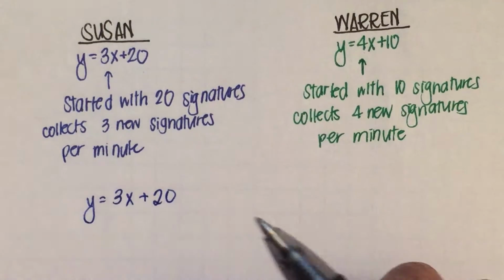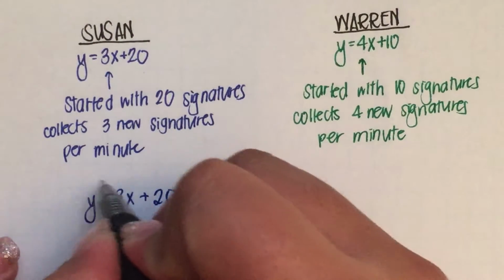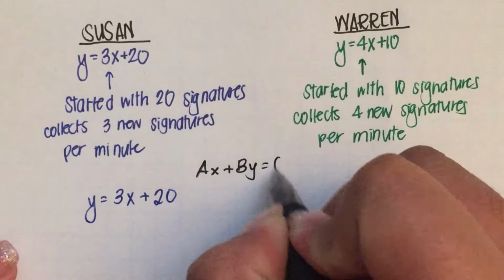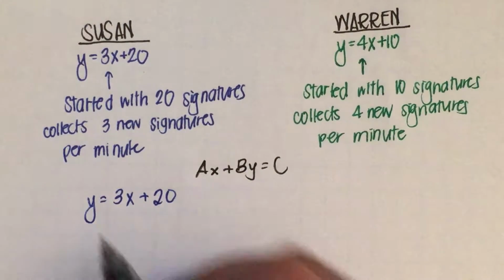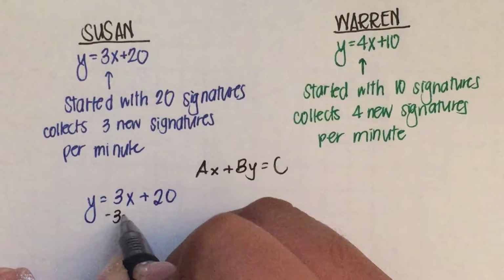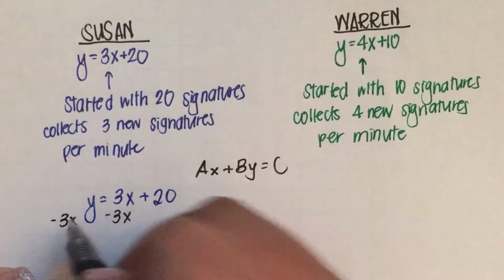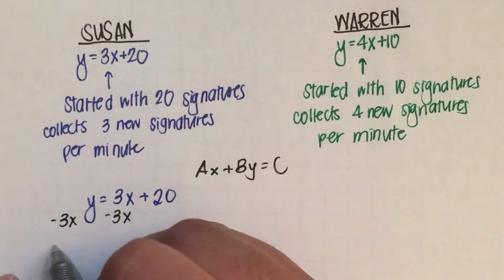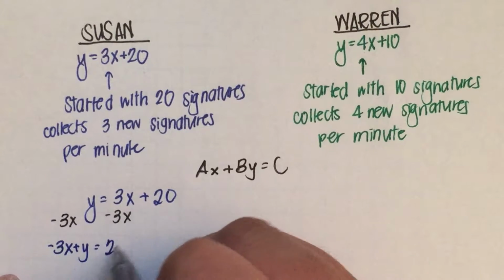And the standard form, if you remember, is ax plus by is equal to c. So you're going to subtract 3x from both sides of the equal sign. And so now our new form is negative 3x plus y is equal to 20.